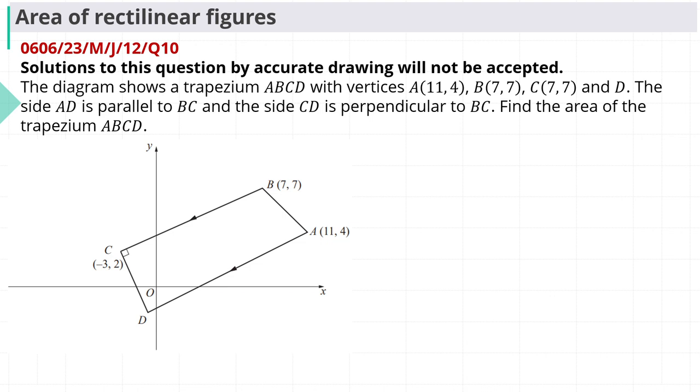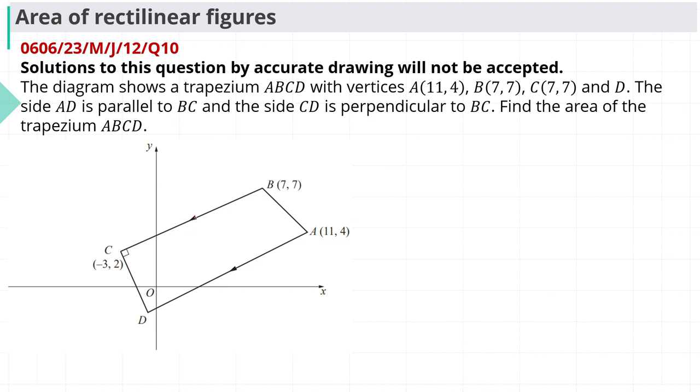We have a next question here. Solution to this question by accurate drawing will not be accepted. The diagram shows a trapezium ABCD with vertices A, B, C, and D. The side AD is parallel to BC.